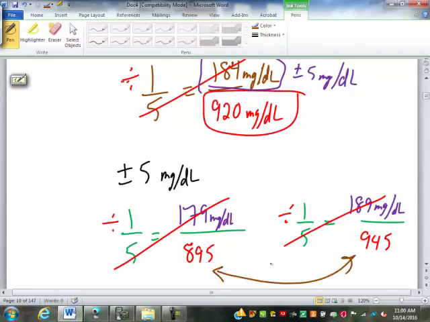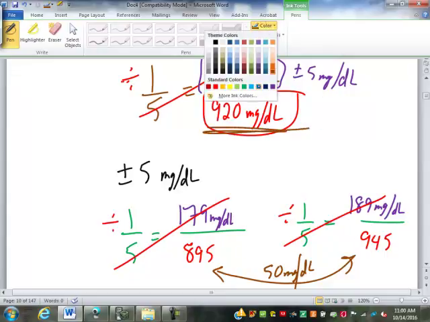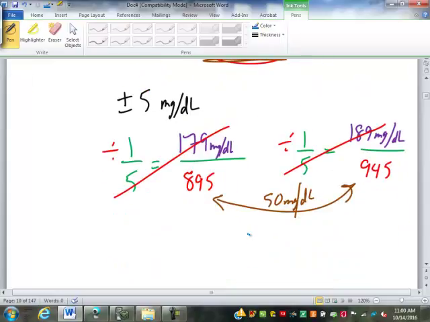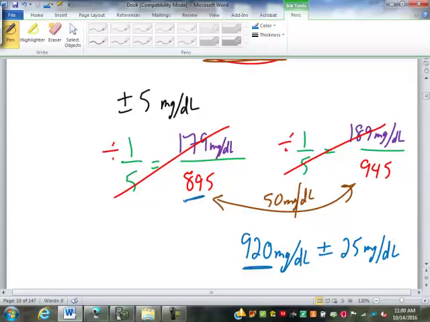The difference between those two numbers is 50 milligrams per deciliter. The distance of each of those from the 920 that we calculated is now plus or minus 25 milligrams per deciliter. I can take the 920 and subtract either one of those to get a difference of 25. Or I could just cut the 50 in half to get a plus or minus 25.